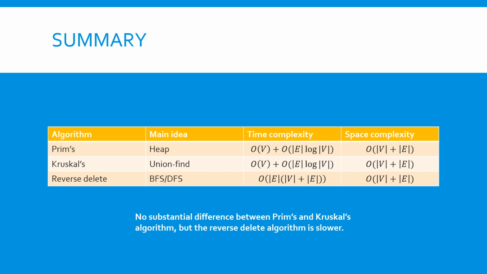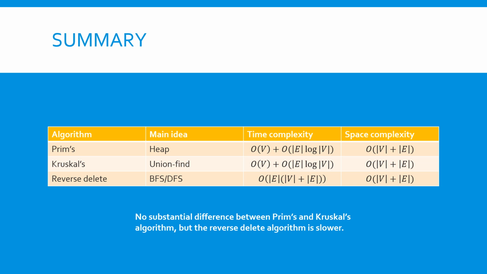In summary, we have discussed the implementation details for Prim's algorithm, Kruskal's algorithm, and the reverse delete algorithm. The main idea for implementing Prim's algorithm is to use the heap data structure. For Kruskal's algorithm, we use the union find data structure. And for the reverse delete algorithm, we use the breadth-first search or the depth-first search algorithm.